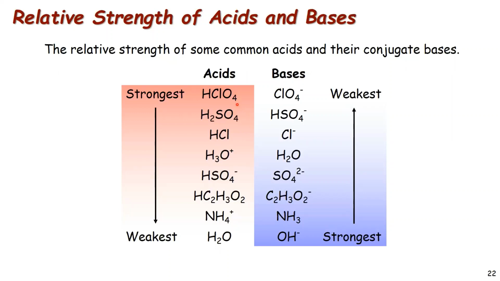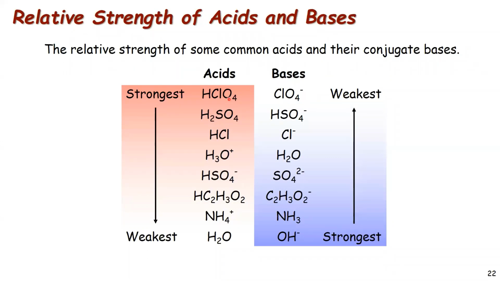Now, remember, when we give up H+, we now have the ClO4 minus, which is the conjugate base. Well, if HClO4 really wanted to give up H+, that means that the ClO4 minus is a really weak base. In fact, it's not a base at all because it doesn't want to pick up the H+. If it picks up the H+, it's just immediately going to dissociate.